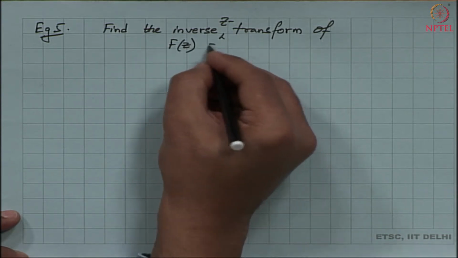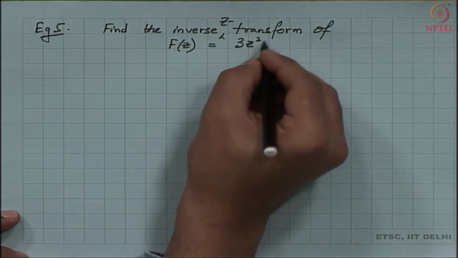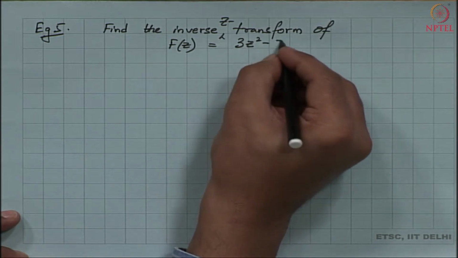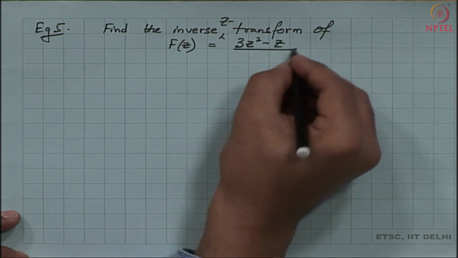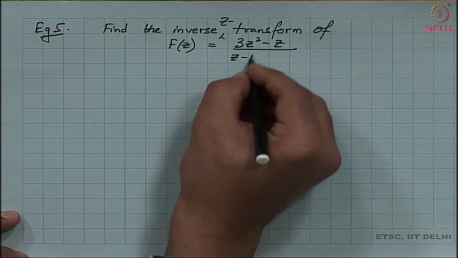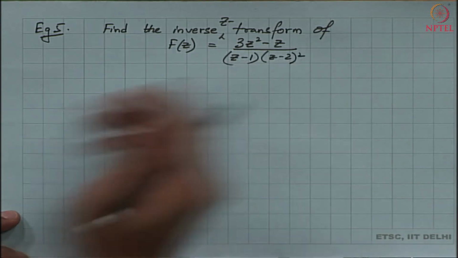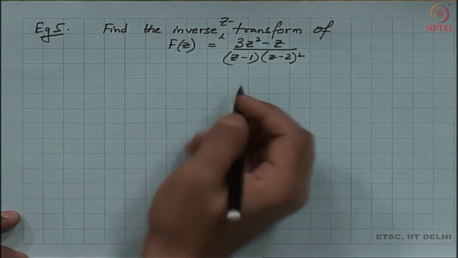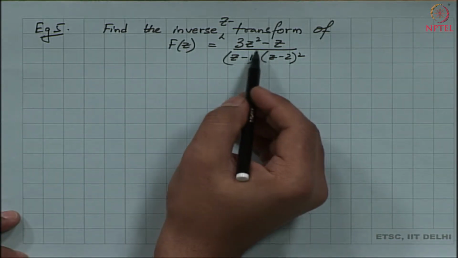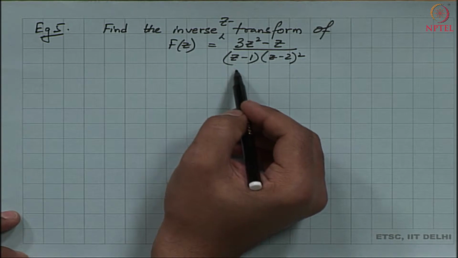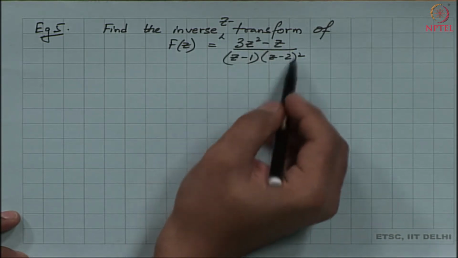The function is given by 3 z square minus z divided by the factor z minus 1 times z minus 2 square. Okay. Now, we can see that this is not a very trivial product of two functions.